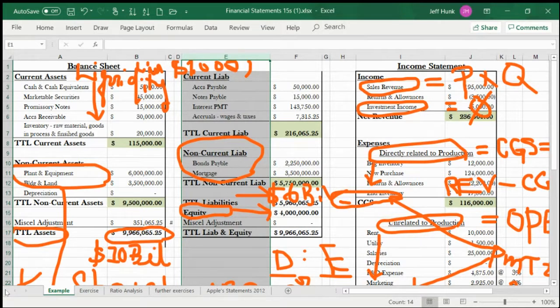So basically, this capital of $10 billion that was raised through debt and equity is held in the form of physical assets, right? Plant and equipment, land and building, and also in the form of current assets.